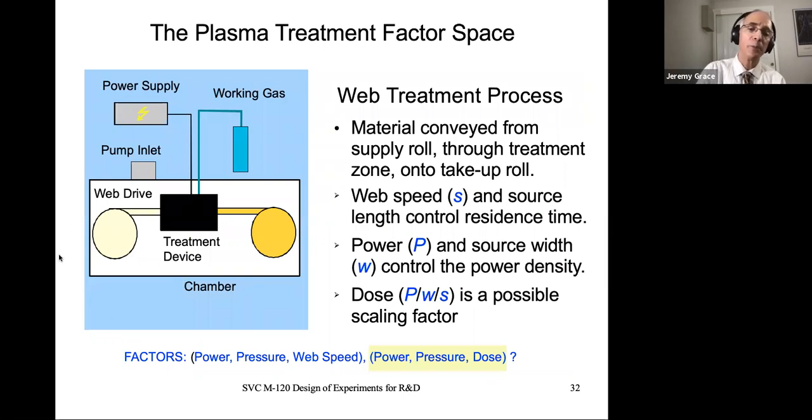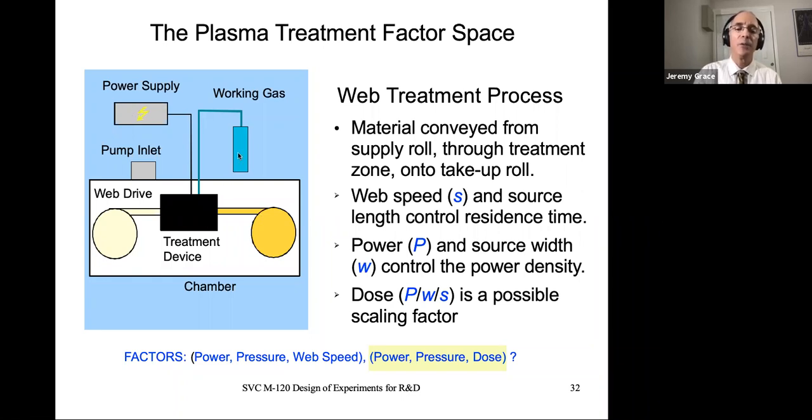So how does the plasma web treatment process work? Imagine a big vacuum chamber where you have a roll-to-roll conveyance system. You have a web drive, an unwind. It transfers that web through a treatment device to a take-up spindle, and you wind the stuff up when you're done. You can apply power to this treatment device.